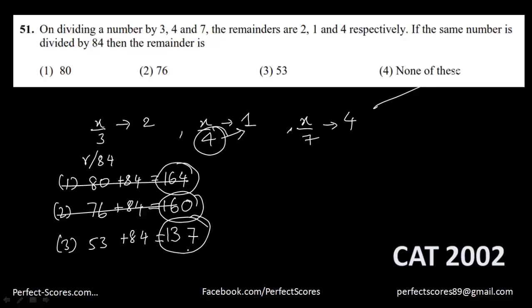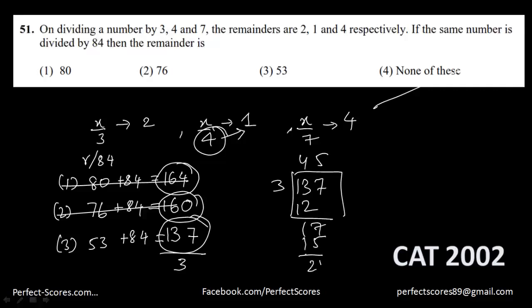Now when I divide this number by 3, what is the remainder? As you can clearly see, 4 times 3 is 12, 17 minus 15 is 2, so 2 is the remainder, which is meeting my criteria.